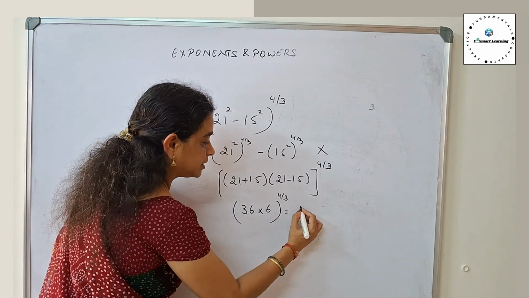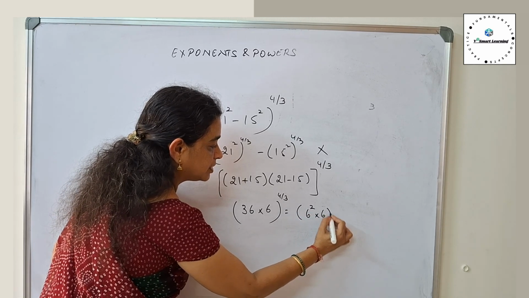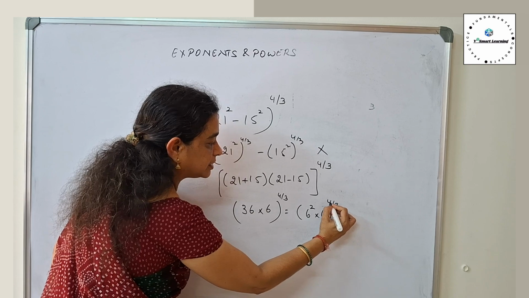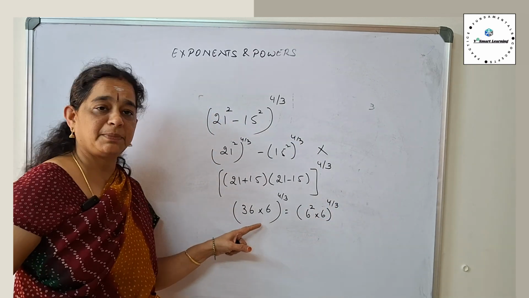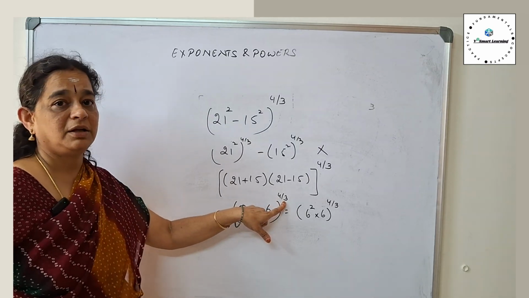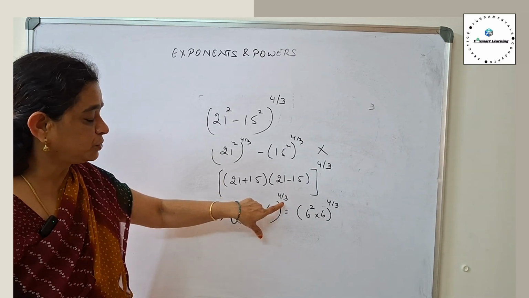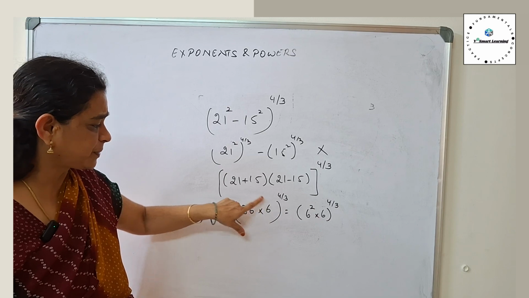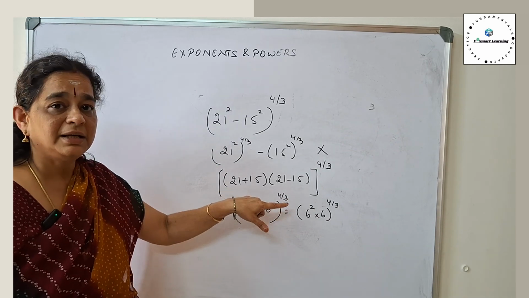Correct? Now what is 36? 36 is 6 squared, into 6, whole to the power of 4 by 3. See, why am I writing 36? I can always multiply 36 into 6. But I see that I have a 4 by 3 here. So whenever you have a fractional root, always try to express this base as a power of 3 so that the 3 gets cancelled.